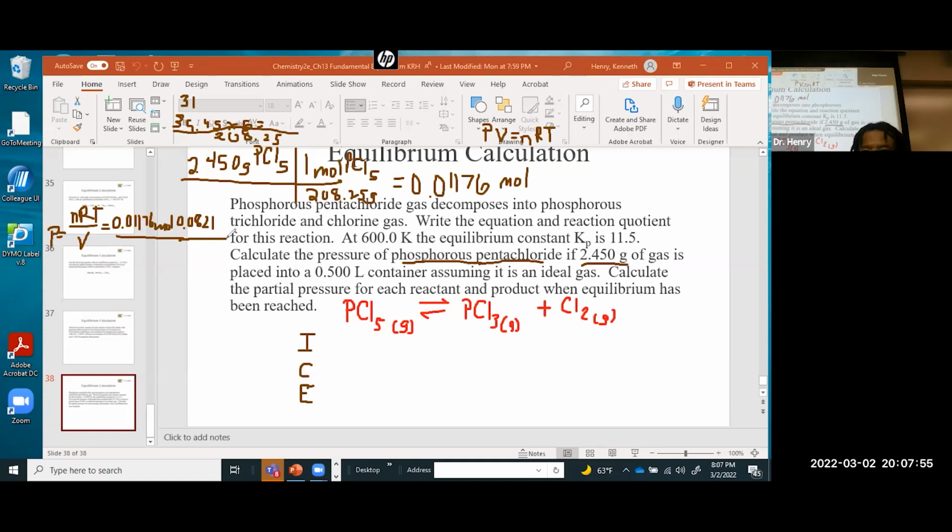And T, we know is going to be 600 degrees Kelvin. And V is going to be half a liter.